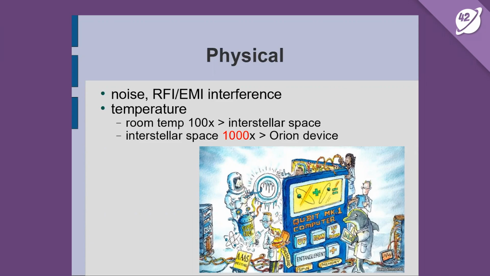Room temperature is 100 times as hot as interstellar space. But when the Orion computer is operating, interstellar space is 1,000 times as hot as the central core of the Orion device. That's how cold we have to get for some of these operations.